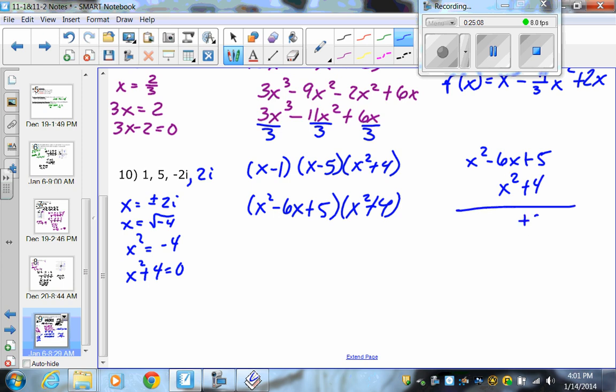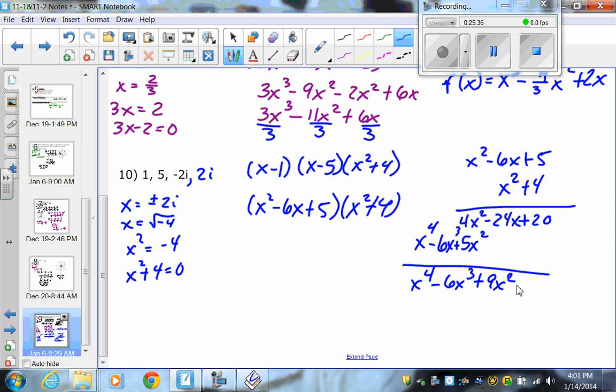So that gives me 20, minus 24x, 4x squared, 5x squared, minus 6x to the third, and x to the fourth. So I get x to the fourth minus 6x to the third plus 9x squared minus 24x plus 20.